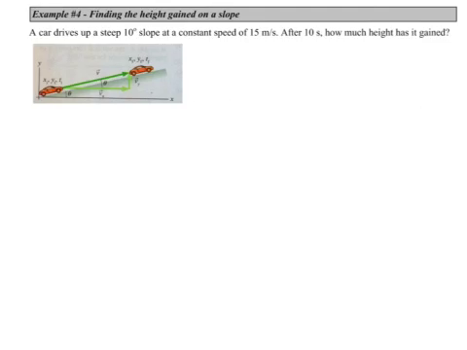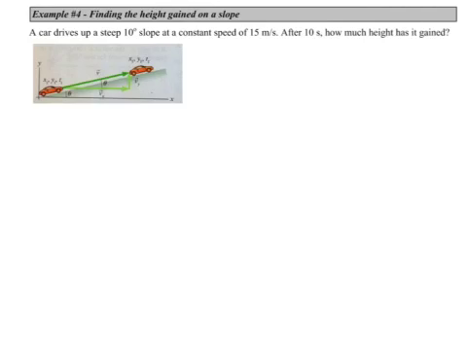So here what we have is a car that drives up a steep 10-degree slope at a constant speed of 15 meters per second. After 10 seconds, we're going to figure out how much height it's gained. So we want to pay attention to the y component of this car's velocity.